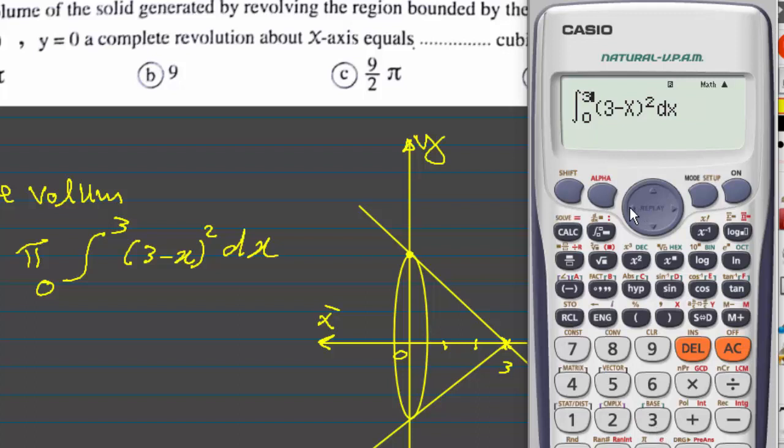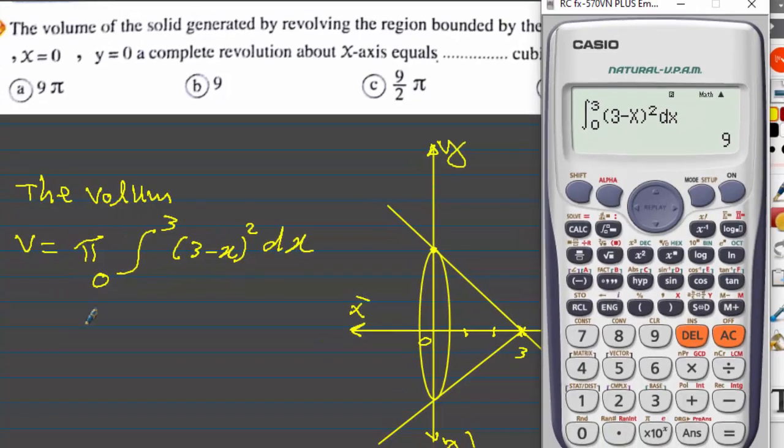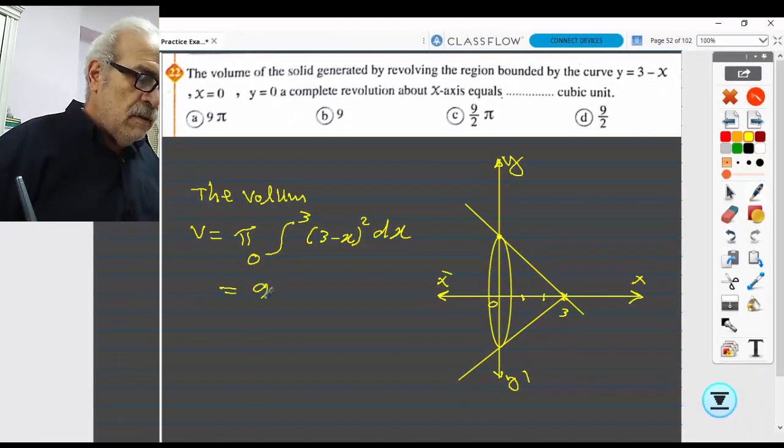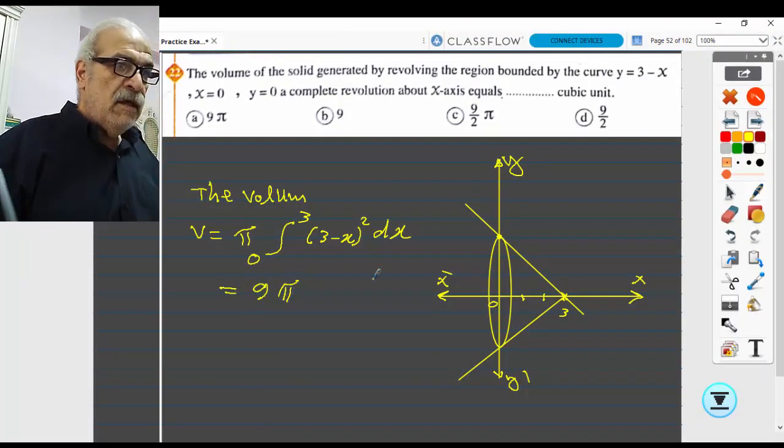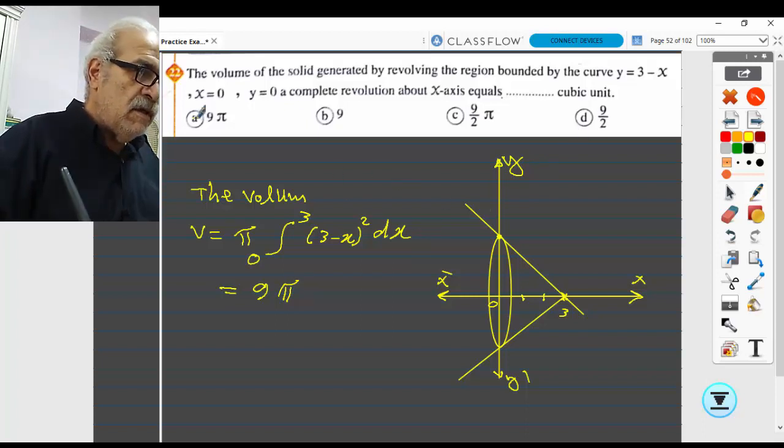And don't forget pi. I'll write it later. It will be 9 pi cubic units. 9 pi. Yes, it is the solution.